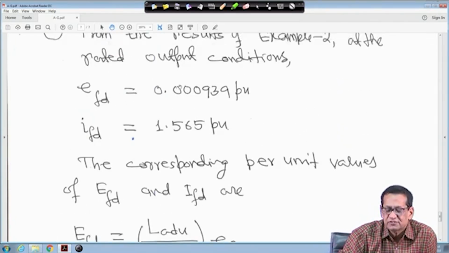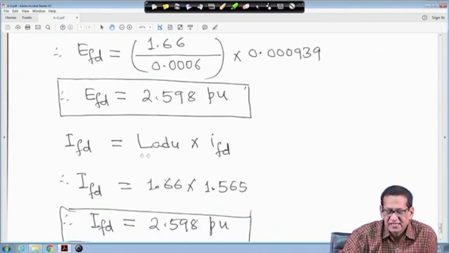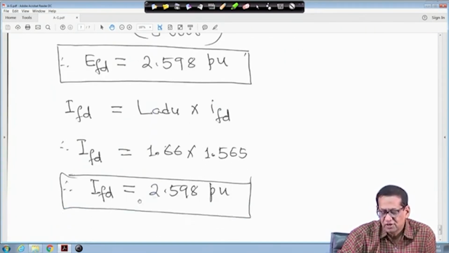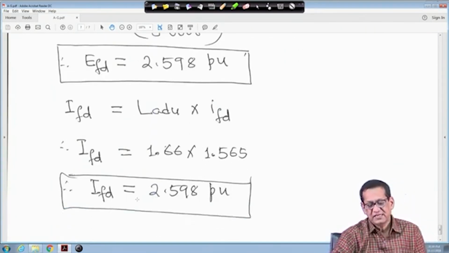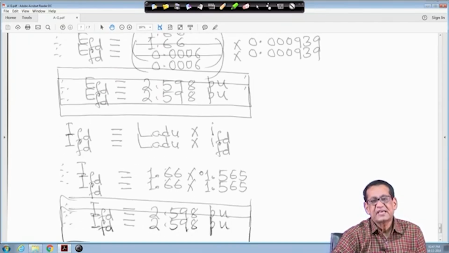This EFD value we got from example 2. Therefore, it is coming 2.598 per unit. Similarly, IFD is equal to LADU into IFD, so IFD is equal to 1.66 into 1.565, which is 2.598 per unit. So, EFD and IFD in terms of per unit for this case are coming the same.